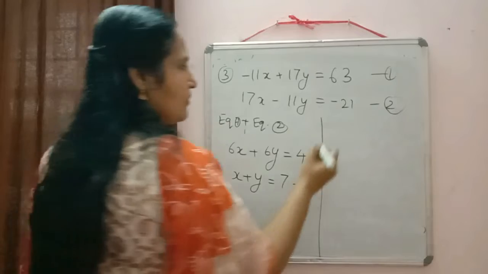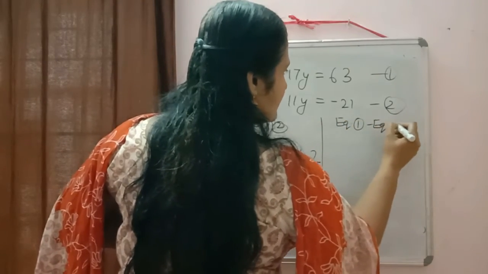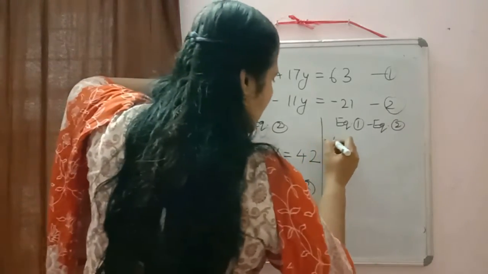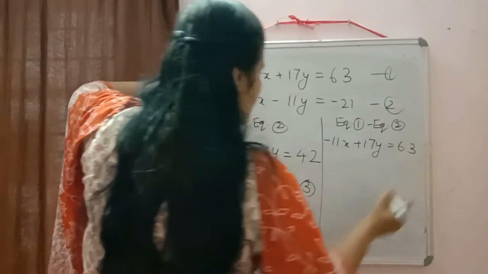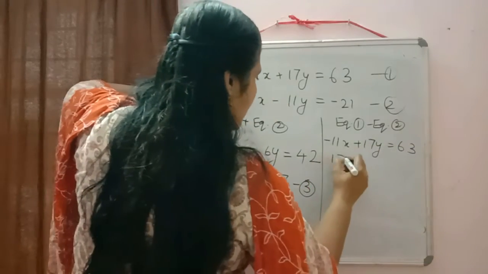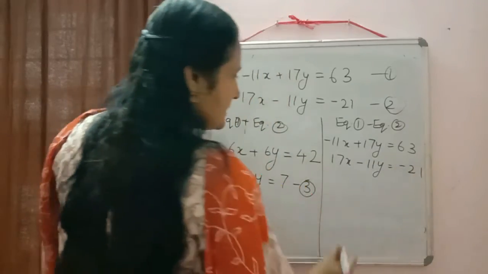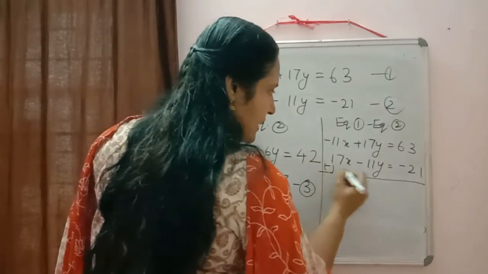Now here only what next step we have to do? Equation 1 minus equation 2. Subtraction we have to do. Minus 11x plus 17y is equal to 63. Whenever you are doing the subtraction, just write down there. Because in subtraction, we have to change the sign there. That's why I am writing the step when I am doing the subtraction.